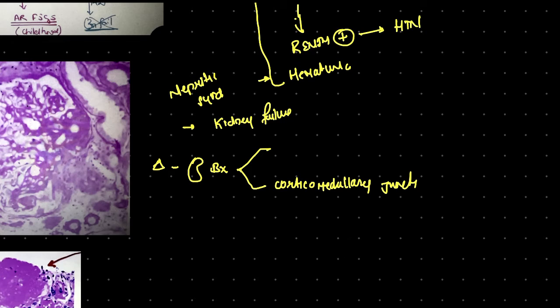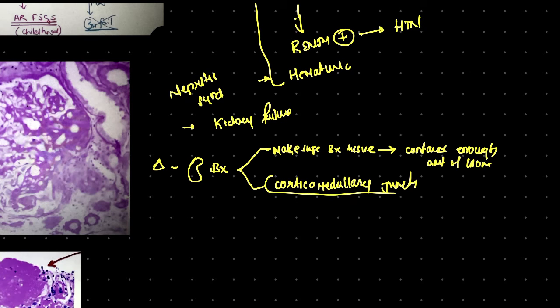In the case of biopsy, we are going to make sure that the biopsy tissue contains enough glomeruli that are affected, and these are mainly found in the corticomedullary junction. So this is also important.